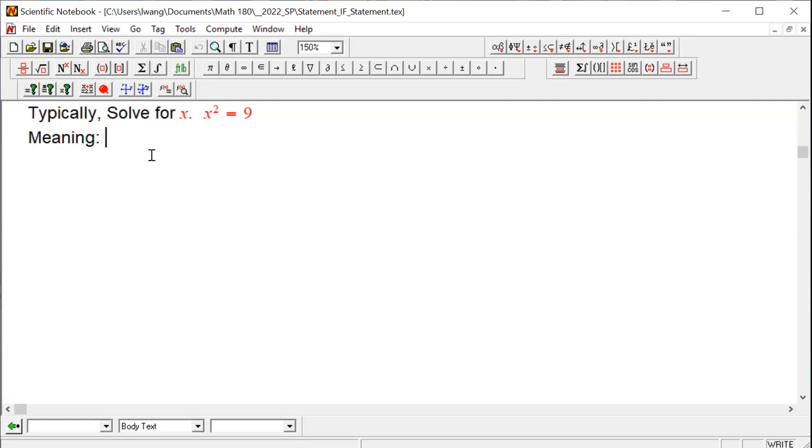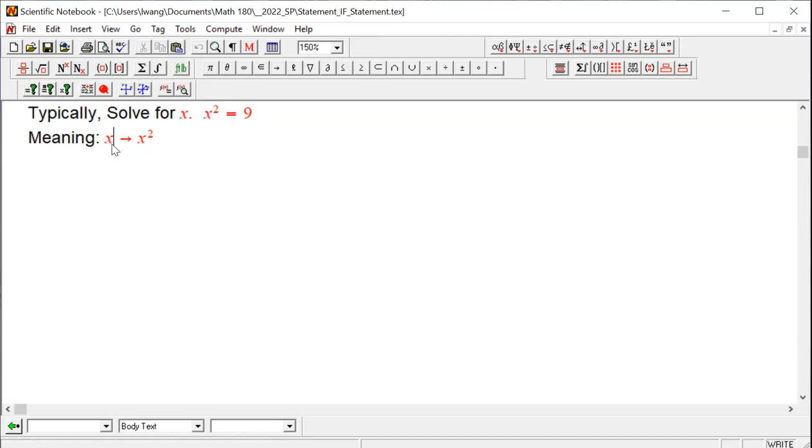The meaning is that when we are told to solve for x, it tells us the rule of how to handle that input x. We don't know what it is. So this basically tells us there's the input, and the rule of the function is taking that input and multiplying it by itself.